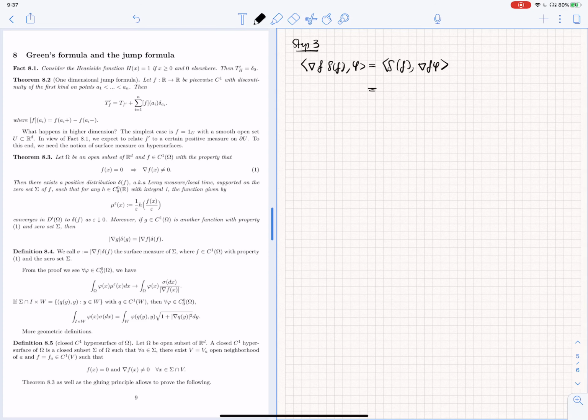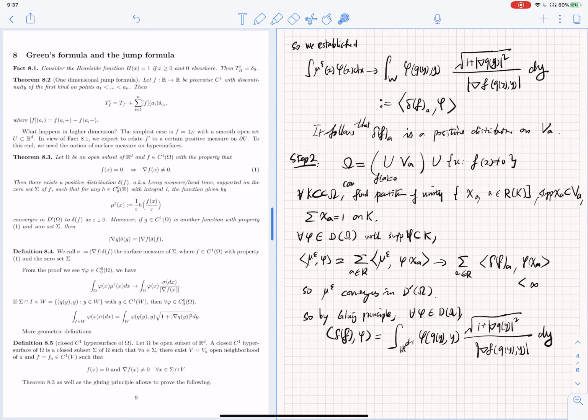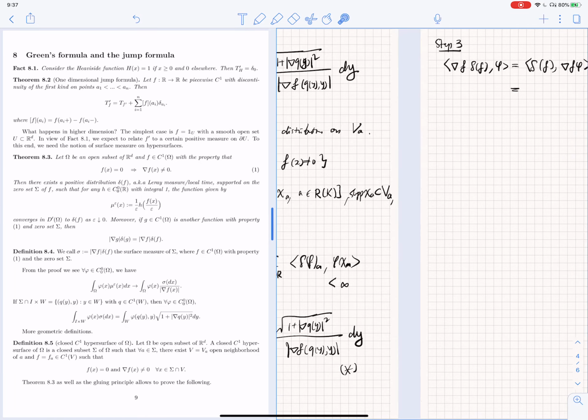So if we do this calculation with our formula given before, let's give it a name, let's call it the star formula. Given in star, this gradient F will actually cancel with the gradient F in the denominator.